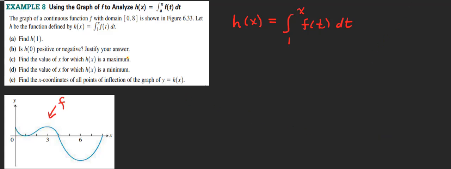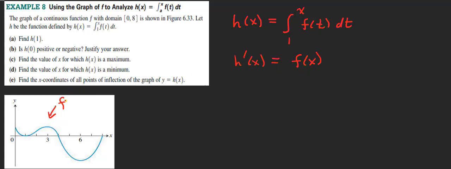Now, part C says, find the value of x for which h of x is a maximum. So we've got to find the value of x at which h of x is maximum. Now, what is h prime of x? When you take the derivative of h, you're just going to get f of x.